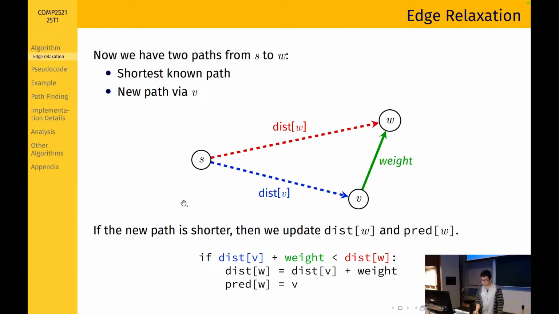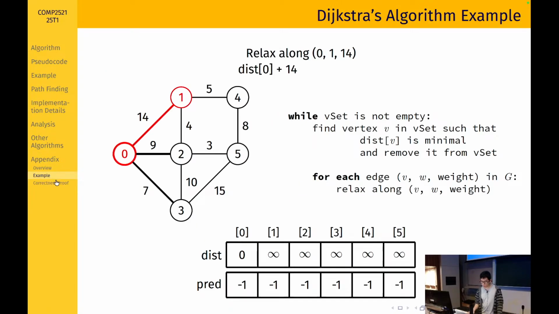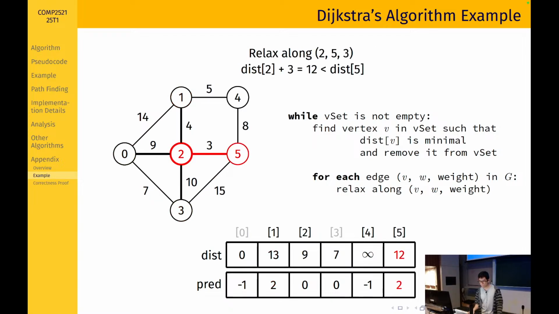So going back to our example, when we're relaxing along the edge from 1 to 4, we're adding the cost of the path from 0 to 1 in the distance array, which is 13, to the weight of the edge, which is 5. Okay, so 13 plus 5 is 18.